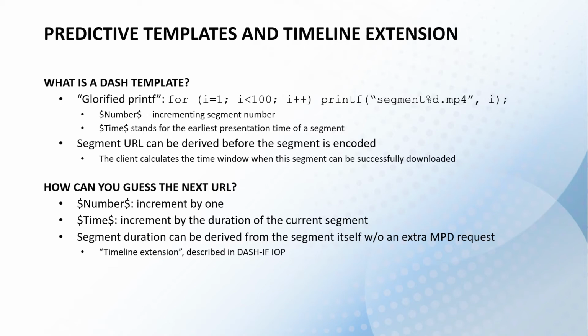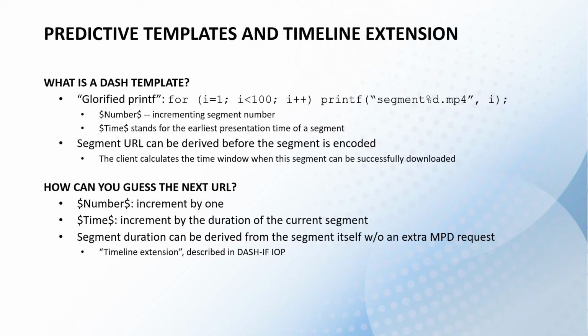And in DASH, you can have two things. One is just an incrementing segment number, as in this example, or more interestingly, time, which is the presentation time of the first frame in the segment. Now, in both cases, the consequence is you can predict the segment URL before you actually go and get it.